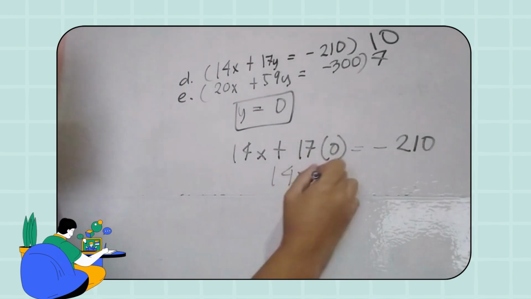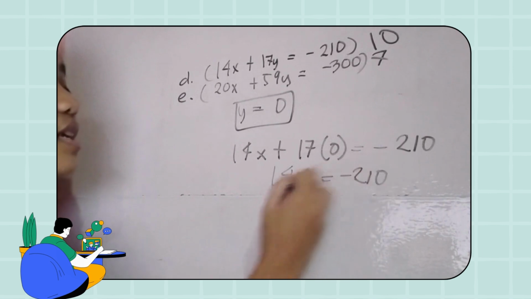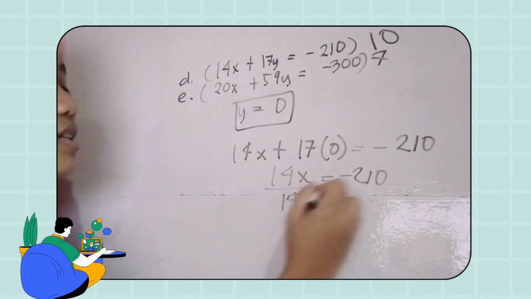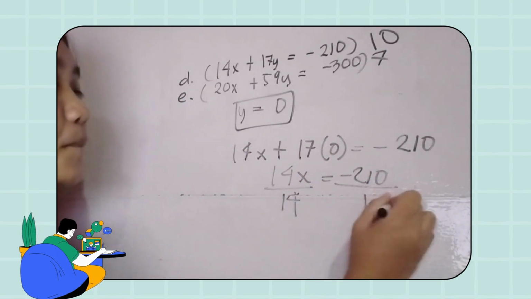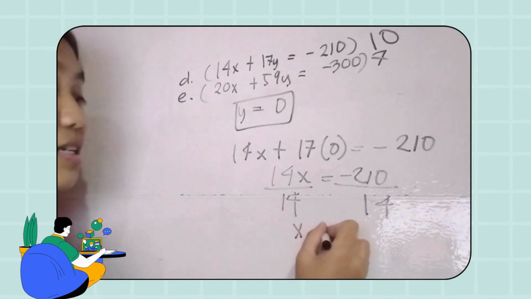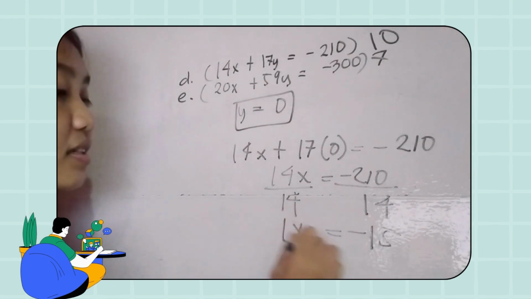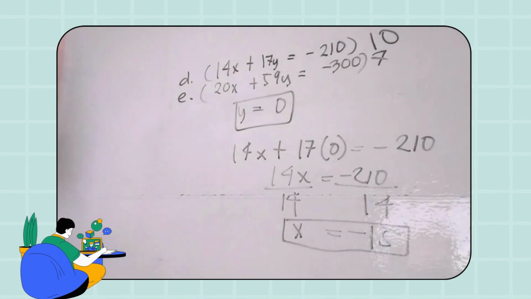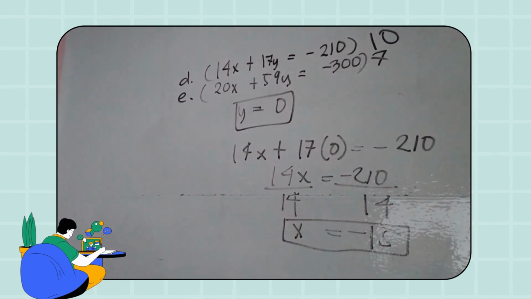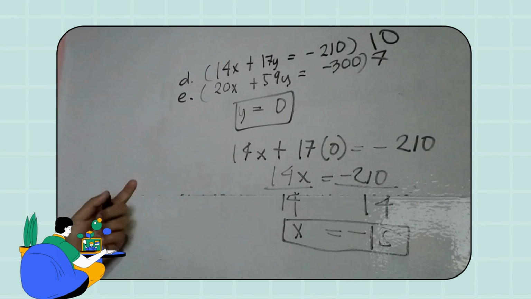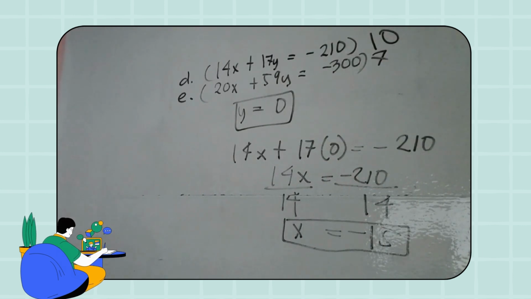It's going to be 14x equals negative 210, divided by 14. So we have here x is equal to negative 15. Now we have found y, which is equal to 0, and x, which is equal to negative 15. Now let's solve for z.